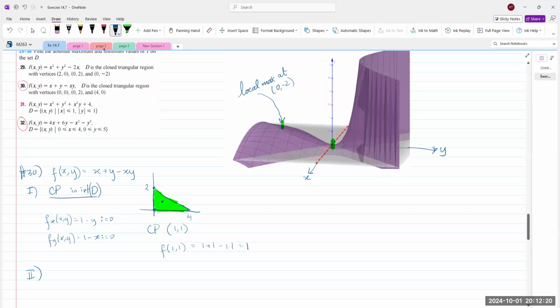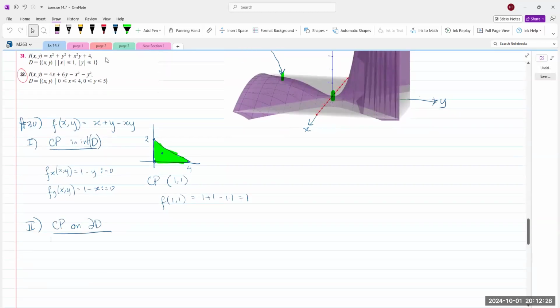And now we will talk about the critical points on the boundary of D. I need to break this boundary into 3 parts. Let's say this is the first path, gamma 1. This is gamma 2, and this is gamma 3. Gamma 1, or you can also use P1, is when y equals 0 and x is between 0 and 4.